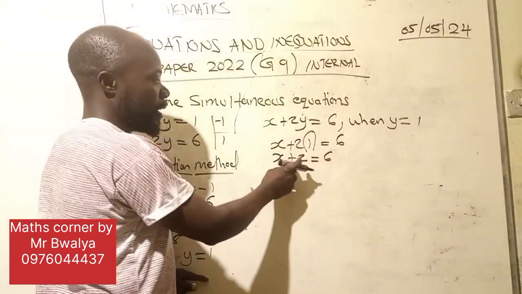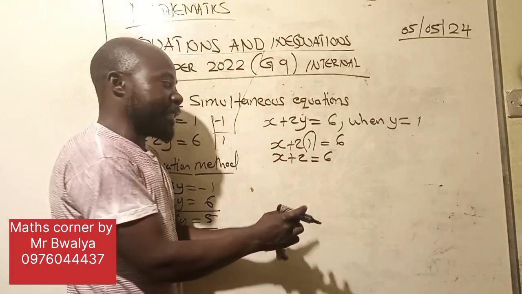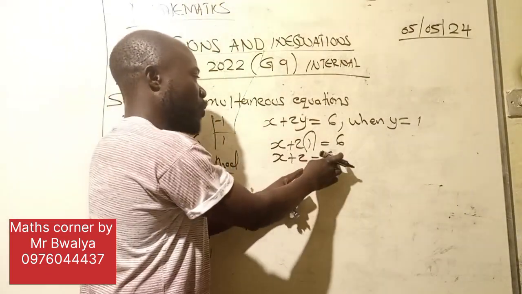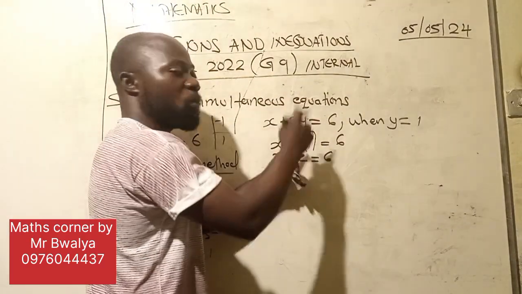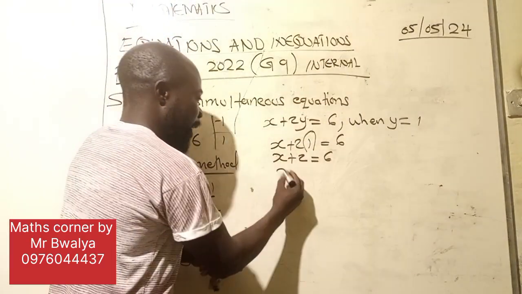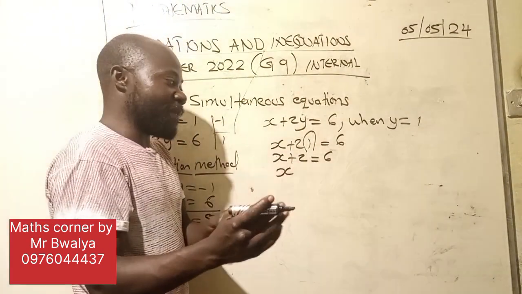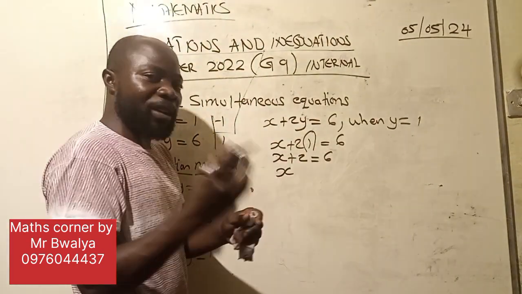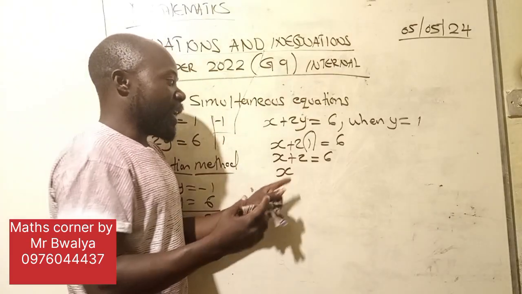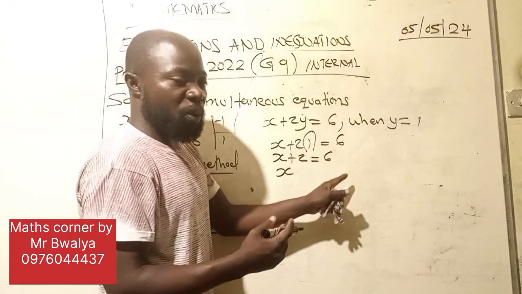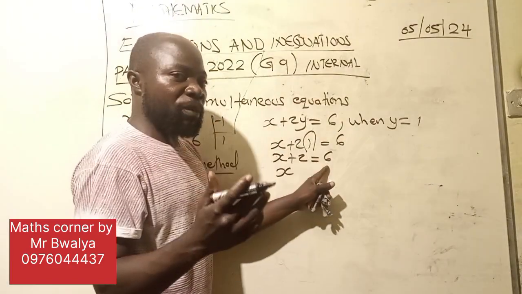Okay, then we do the additive inverse of this positive 2. The simplest way, we'll say positive 2 will cross the equal sign. Yes, there's nothing that crosses the equal sign, but for the sake of understanding the concept, I'll say it becomes negative when it crosses the equal sign.